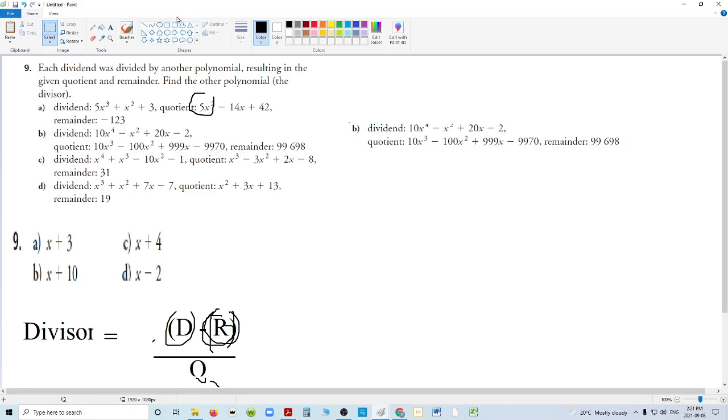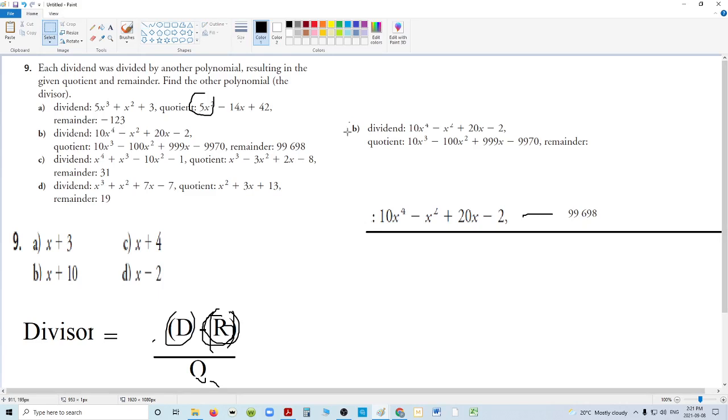So according to me, my divisor is going to be equal to my dividend, which is this, minus my remainder. Unfortunately, my remainder is positive, so I can just write it like that. All of it divided by my quotient. My quotient is this.